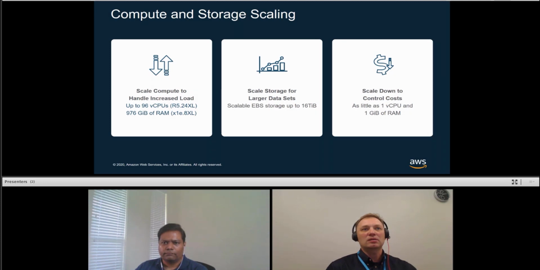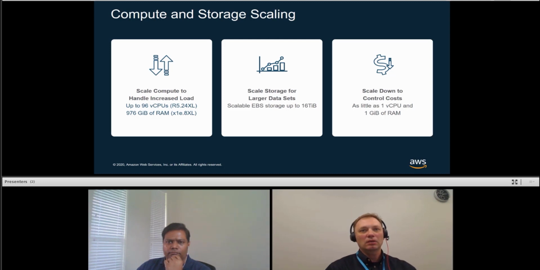Maybe there are some seasonal patterns, and for some part of the year you could take advantage of a small instance size and optimize on cost. The same can be said about the storage, especially with provisioned IOPS, where you can easily change the number of IOPS. You can also do it here. All right.